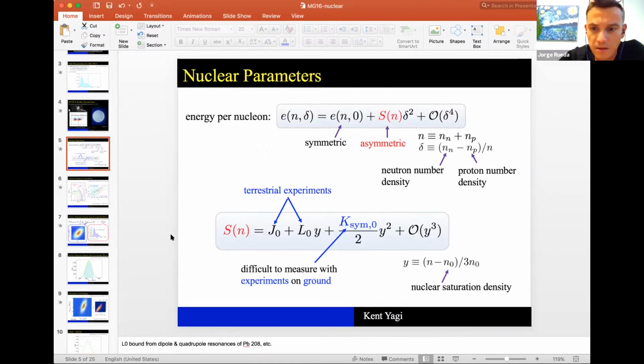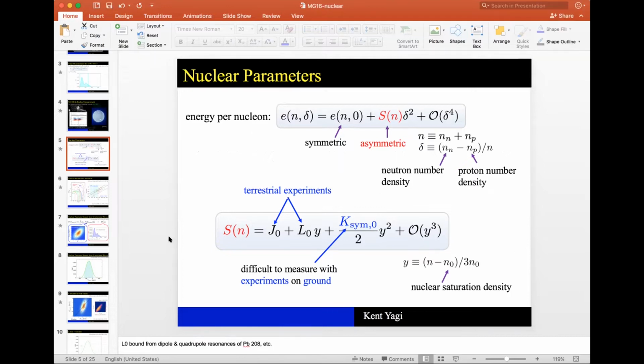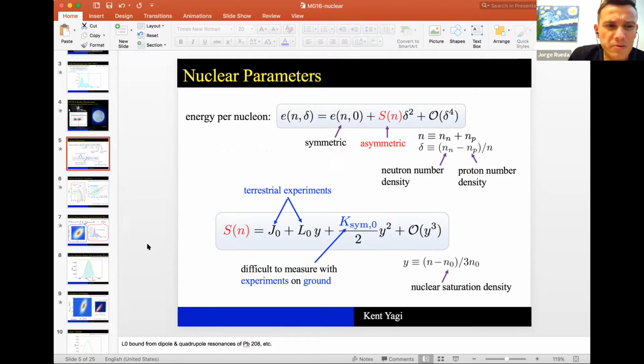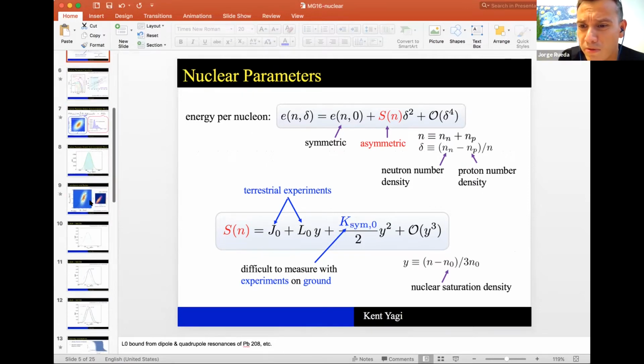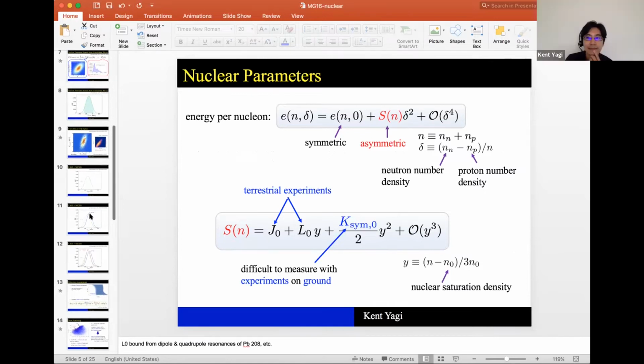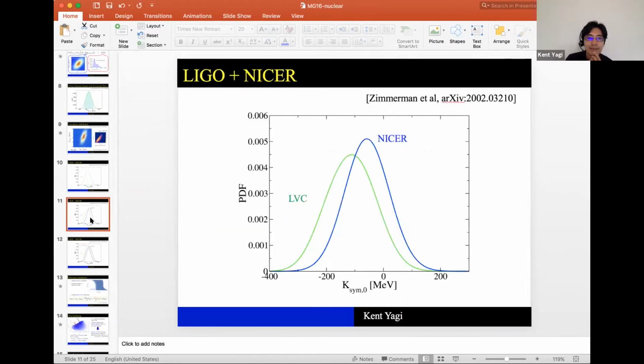May I ask a question to Kent? Yes, sure. What happens if you don't use LIGO results? And for example, if you include PREX, the PREX-2 bound. Oh, I see.